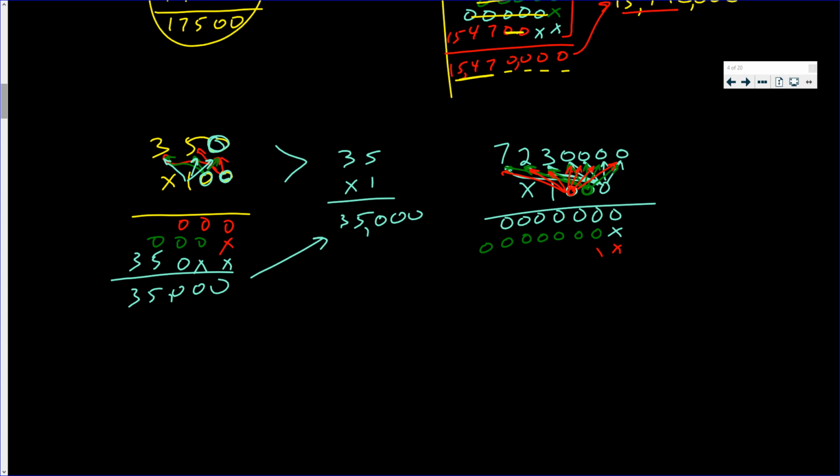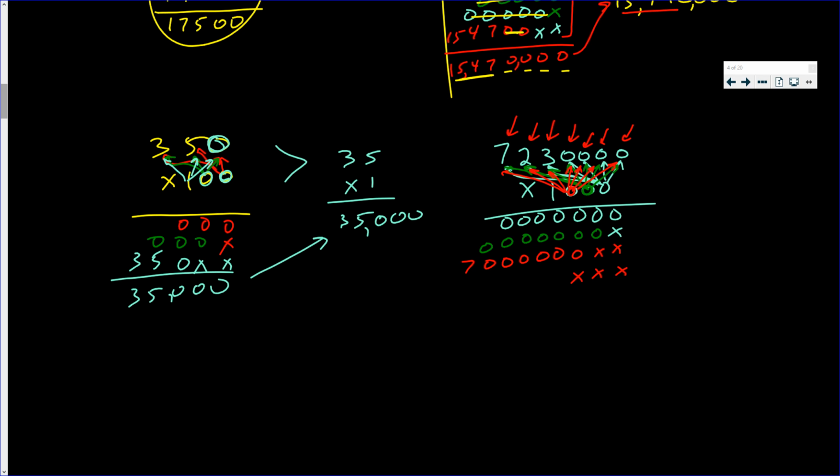Can ask yourself each and every time. 0 times 0, 0 times the next 0, 0 times that 0, 0 times 3, 0 times 2, 0 times 7. Then indent 3 spaces.